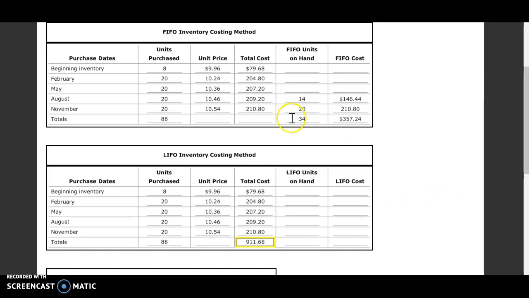Okay, now that we copy, oops, I forgot actually to put that up there. We should have totaled those and put that total in there. I just copied it down here, but I forgot to write it.